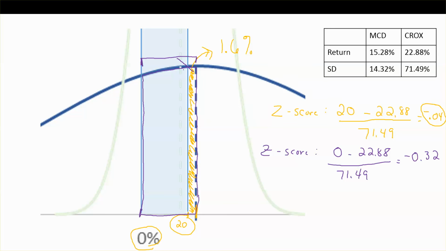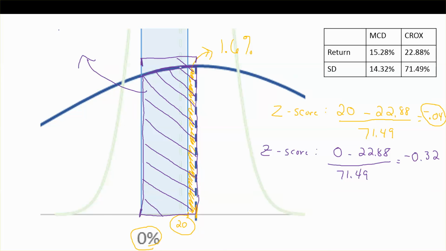Oops, I didn't mean to start that high because it ends right here. So I should start right there. So the area that I'm cross-hatching in purple is 12.55%. And I'm going to go ahead and finish it just to be absolutely sure y'all get what section I'm talking about. So the purple is 12.55%.